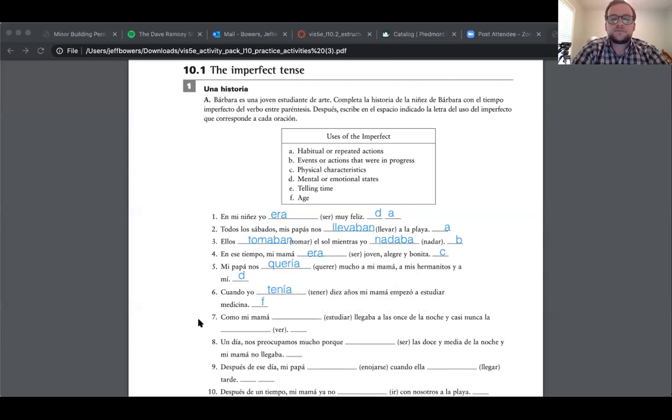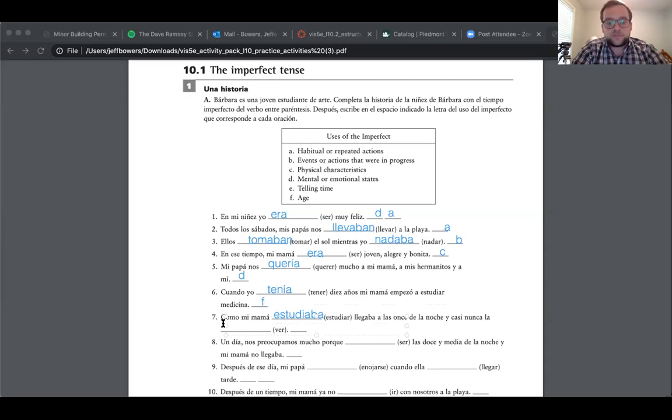Número 7. Como mi mamá, blank, because my mom studied, or as my mom studied, she would arrive at 11 at night and almost never saw her. I almost never saw her. Okay. Como mi mamá estudiaba, hopefully that'll fit. Estudiaba, como mi mamá estudiaba, llegaba a las 11 de la noche y casi nunca la.